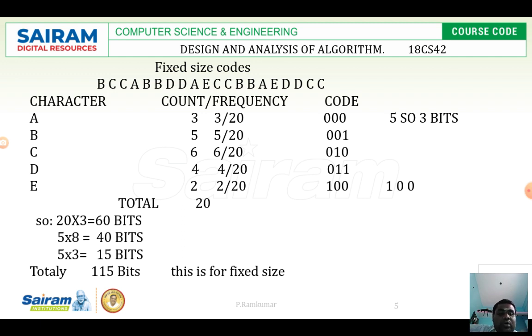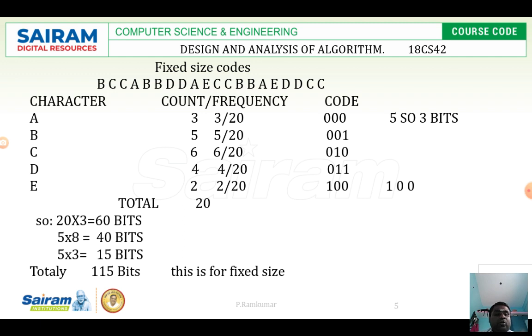Next, in the count, I have to check how many times A is appearing, how many times B, C, D, and E are appearing. According to this, A appears 3 times, B appears 5 times, C appears 6 times, D appears 4 times, E appears 2 times. When I sum up all those, I'll get 20.